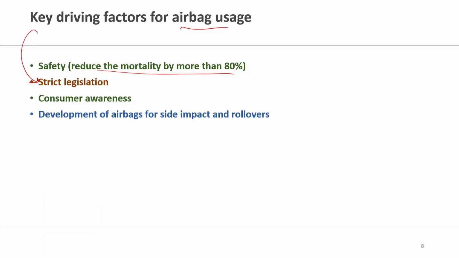So, development of airbags for side impact and rollover. From the front the airbag is there, but for side impact the airbag should be there and should work, and also during rollover the airbag should get activated. And improved technologies.